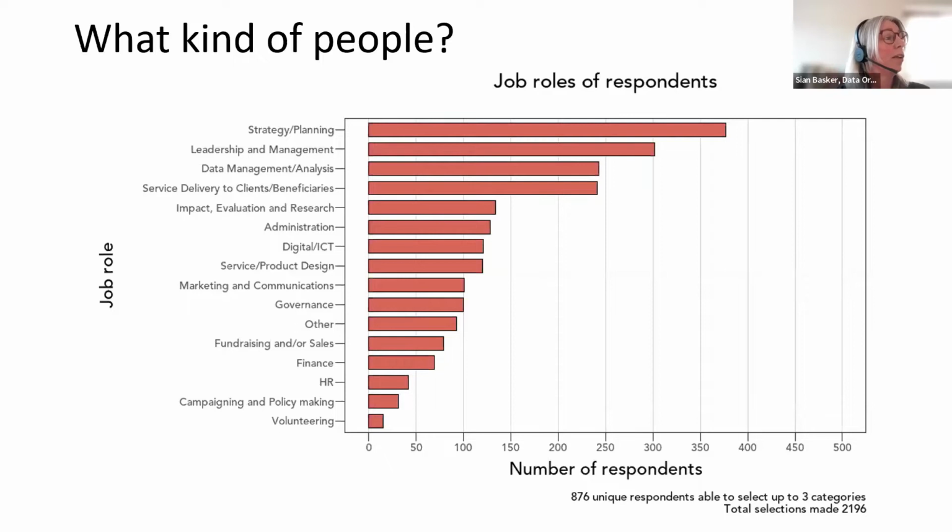Interestingly, a lot of people who are involved in service delivery to clients and beneficiaries are also among the bigger job role types. And I think it's worth mentioning that in many small organisations, those kinds of job roles are quite mixed up. Everybody has 10 jobs and 10 hats that they wear. So that was why we were curious to see how the pattern looked overall.